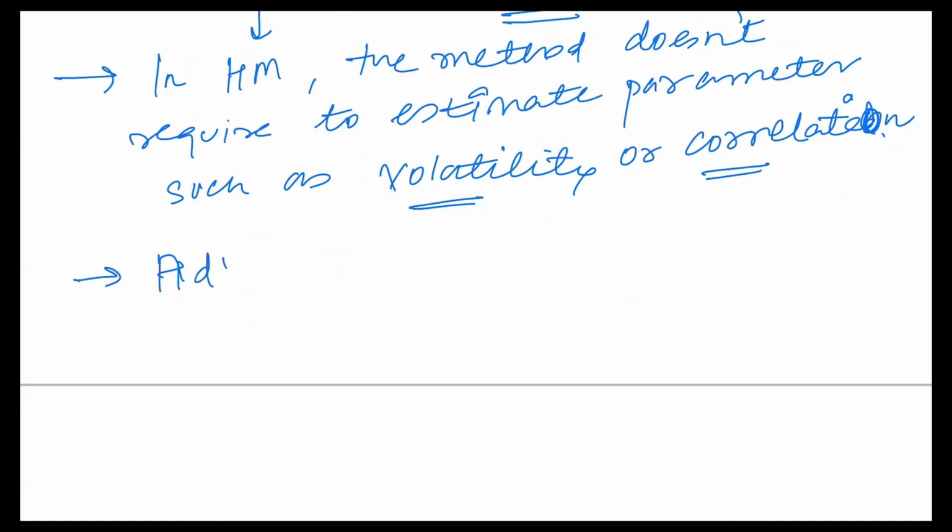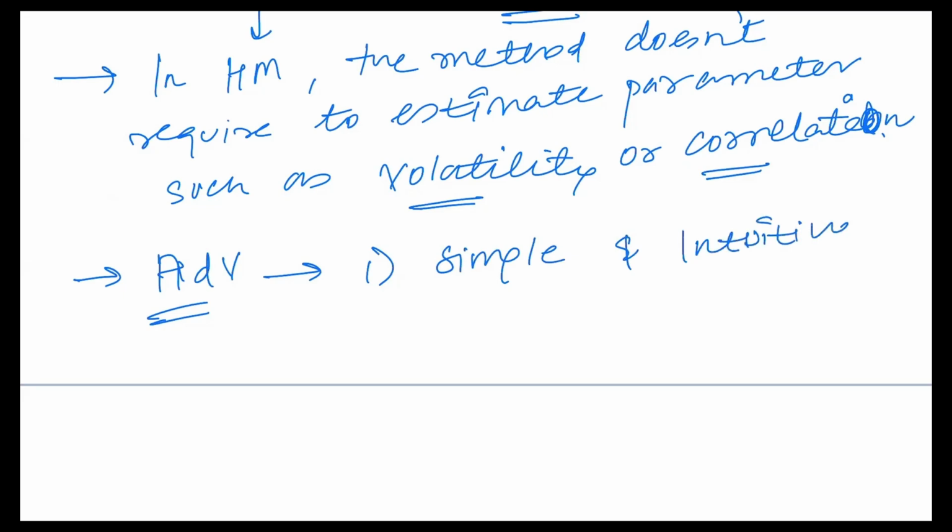Because of this, let's understand the advantages. The first advantage is that the historical method is simple and intuitive, because we are not making any assumptions, neither are we trying to calculate any parameter.